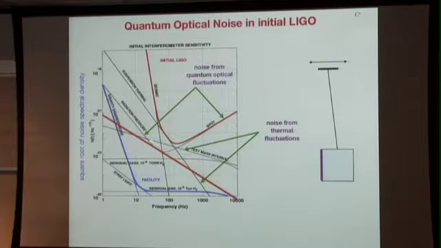And of these two kinds of noise, the shot noise is the dominant noise in the first generation LIGO sensitivity. But there are other noise sources that dominate at lower frequencies, so the radiation pressure noise and the standard quantum limit do not yet show up in the first generation that has been completed. These other noises concern thermal fluctuations.